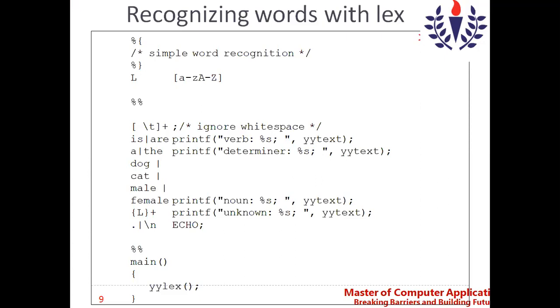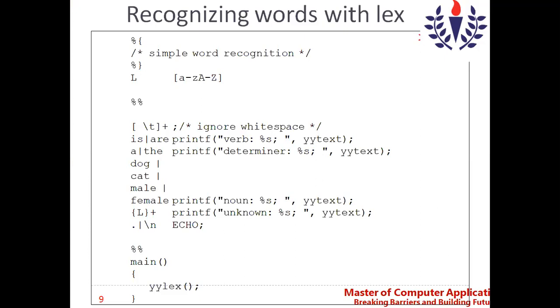So whenever you would like to recognize certain words, the type of words, say a noun or verb or something else, you give the proper patterns and check them against the input, and the program will be able to recognize the type of the words and give you the result.